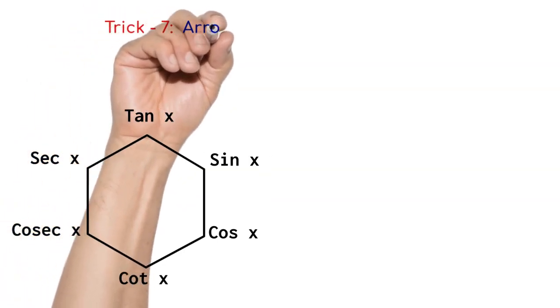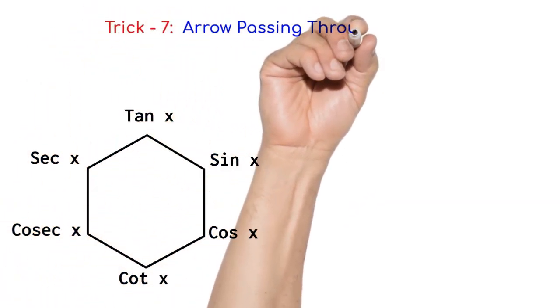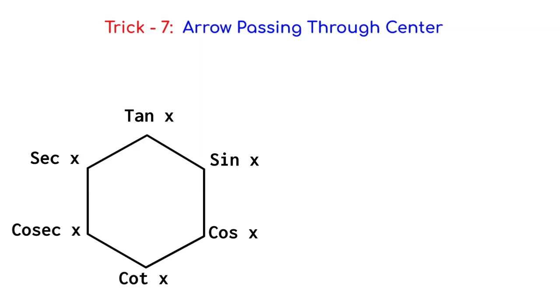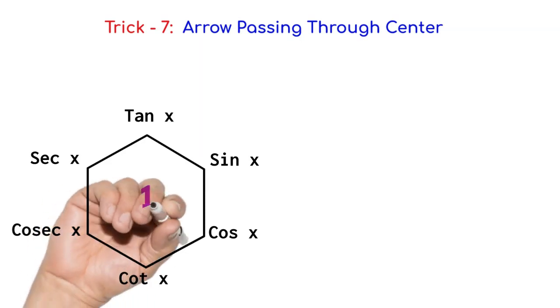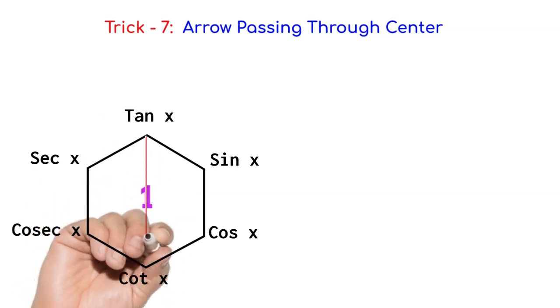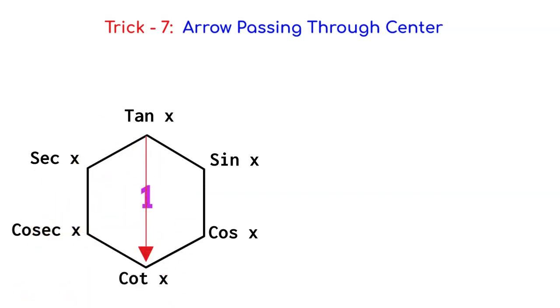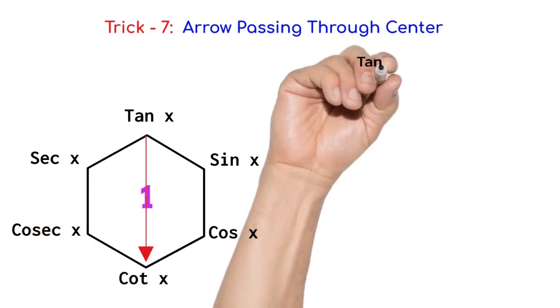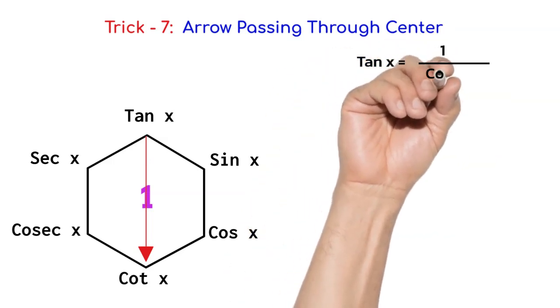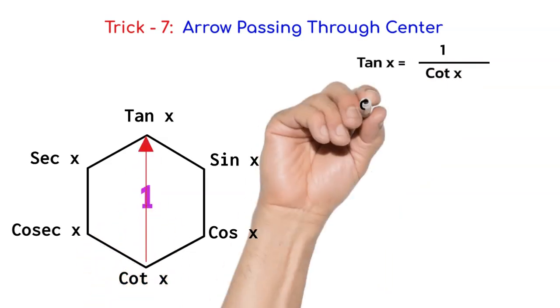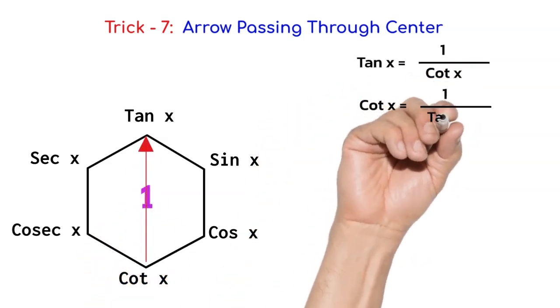Now trick 7 is the arrow passing through the center. Here also let the number 1 be at the center of the hexagon and the arrow passes through the center diagonally so that we will get the equations as tan x is equal to 1 by cot x and cot x is equal to 1 by tan x.